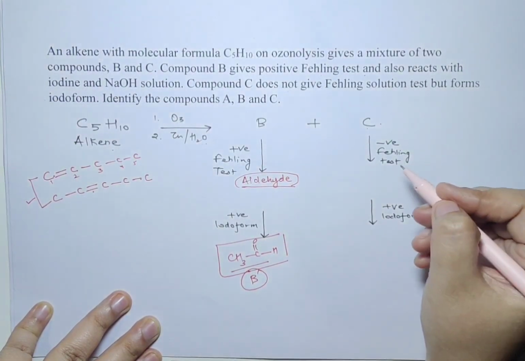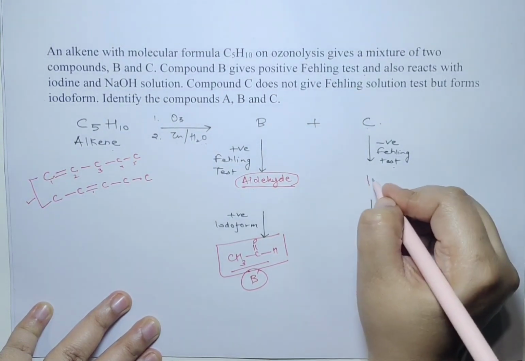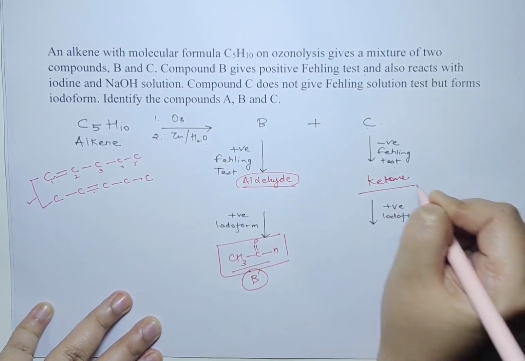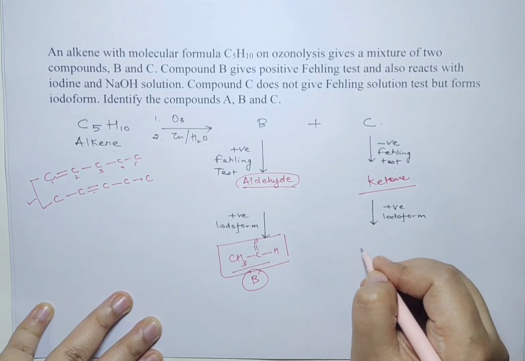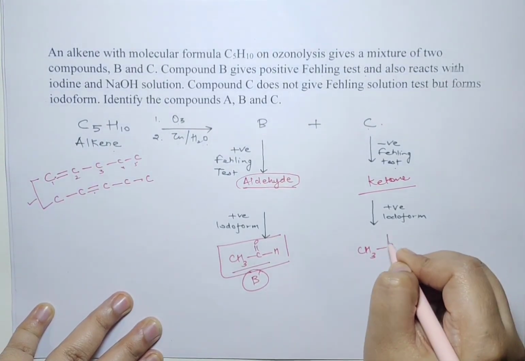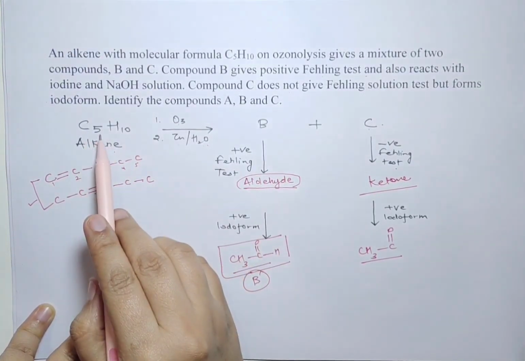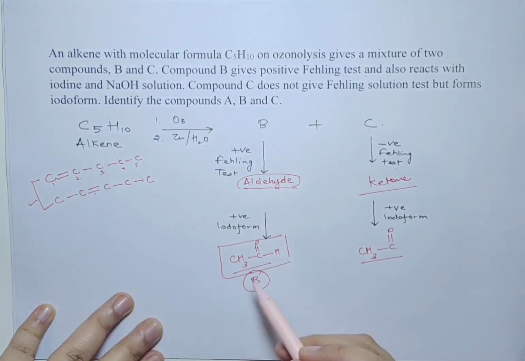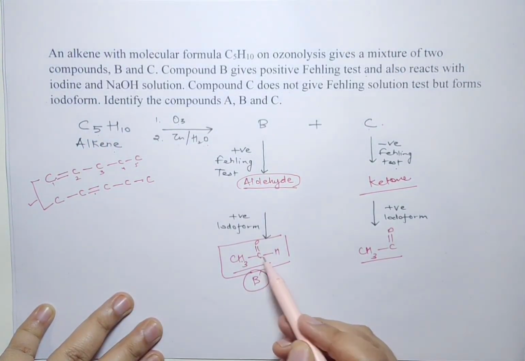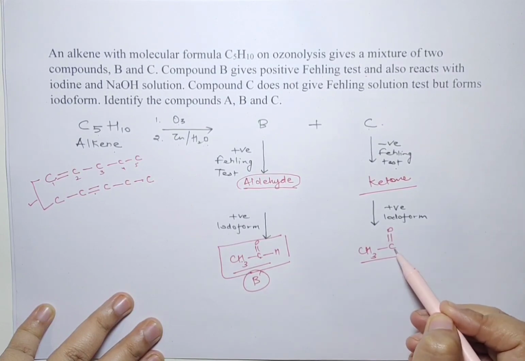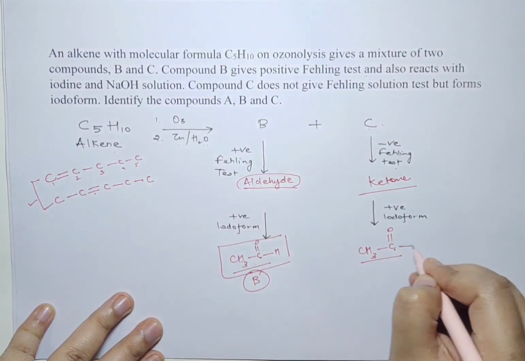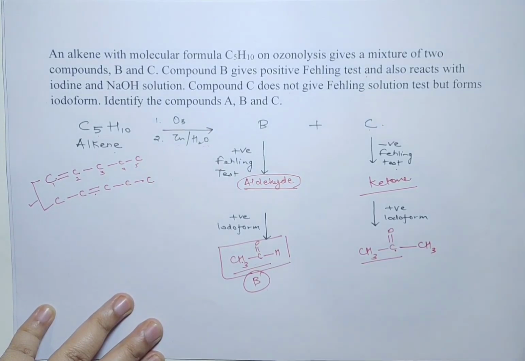Now C gives a negative Fehling's test, that means it's a ketone, and it gives a positive iodoform test, that means it also has a methyl ketone group. Now our alkene was a 5-carbon alkene, 2 carbons are taken care of, here 2 more carbons are taken care of, then that means you can only put a CH3 here.